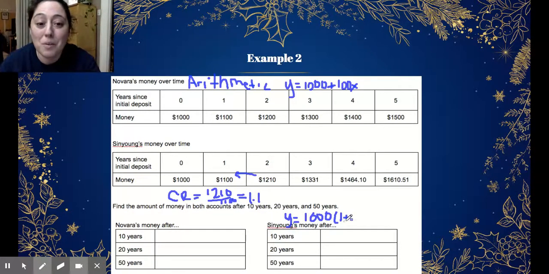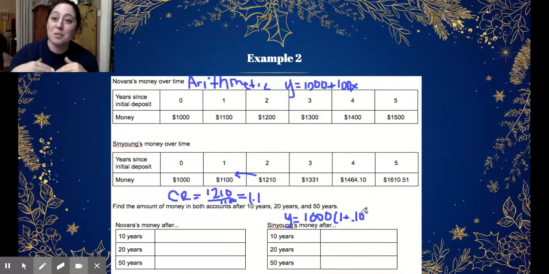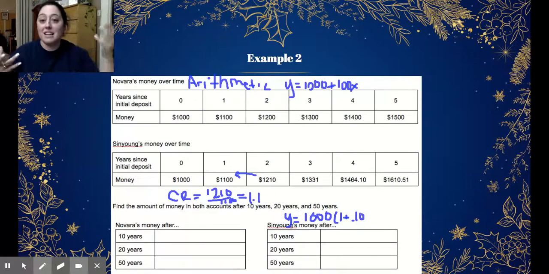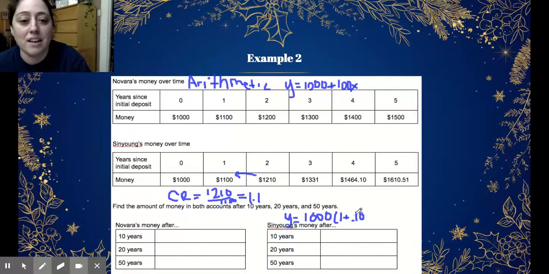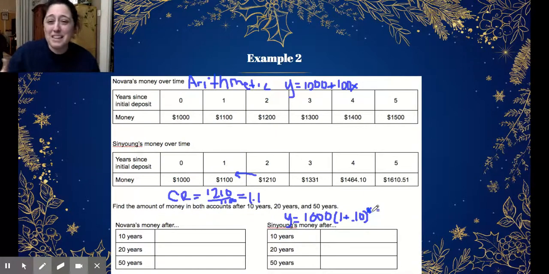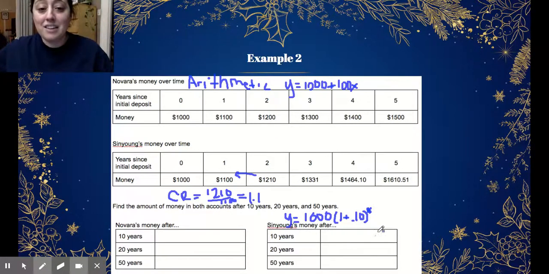So I'm adding 0.10, or 10%. This is going up 10% each year. Then I have the x. I like putting x; they like putting t for time, so you can do either. After 10 years, you can replace this x with a 10.